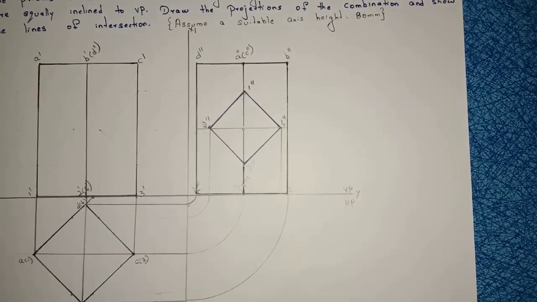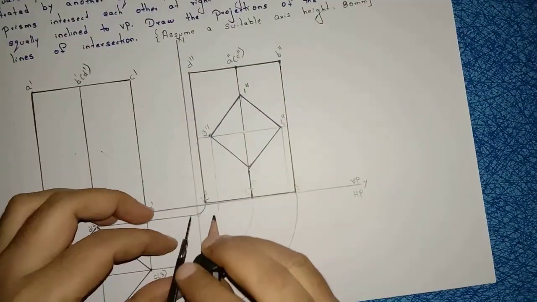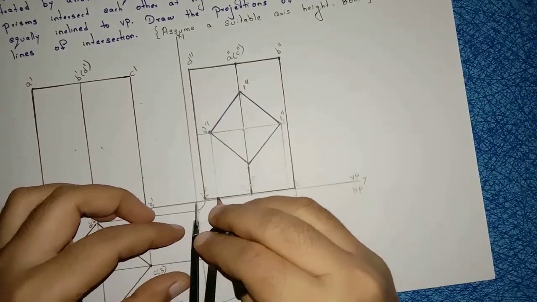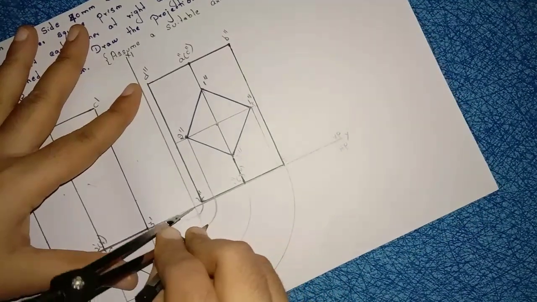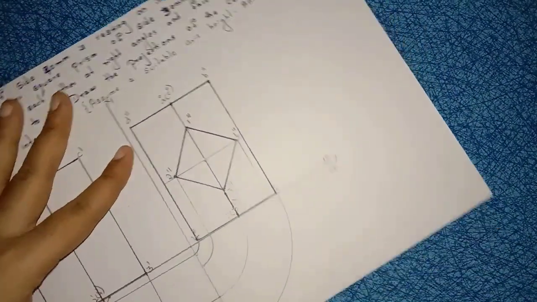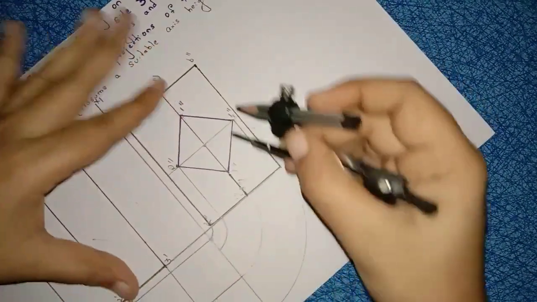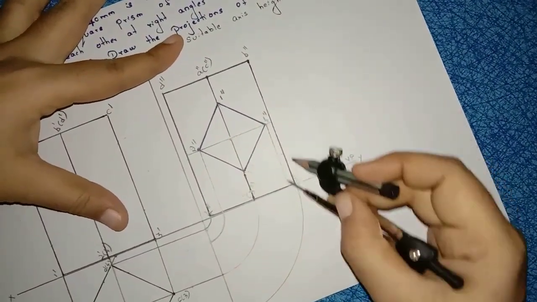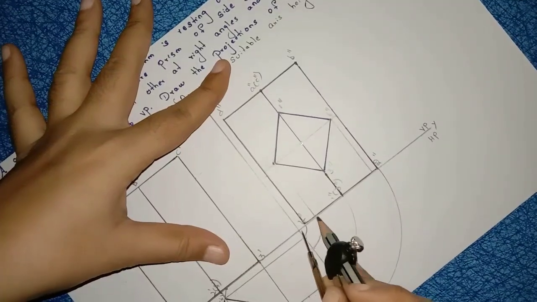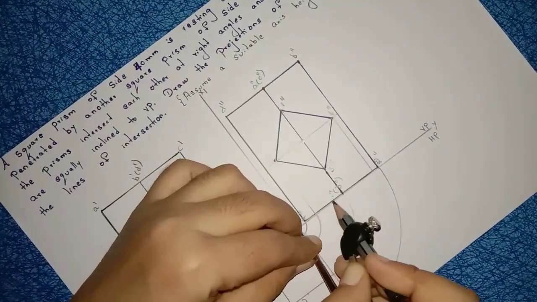Right? So after constructing, place your compass here. Take this distance, 2 double dash distance. Draw an arc till this reference line. Right? Then next, anyway we have constructed from 1 double dash and 3 double dash. Then next 4 double dash line is there. Right? So place your compass on this reference line.